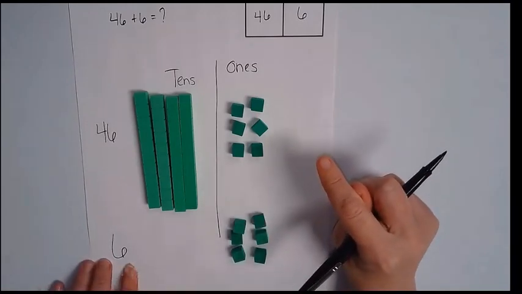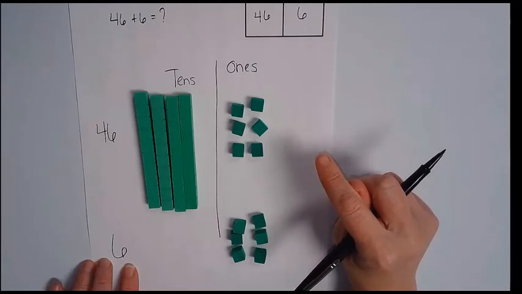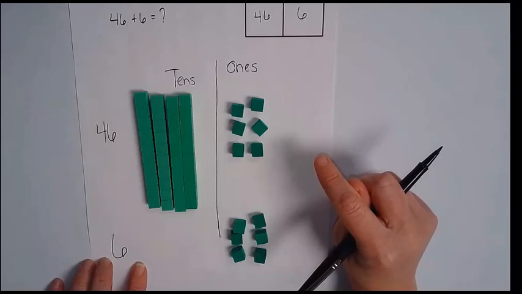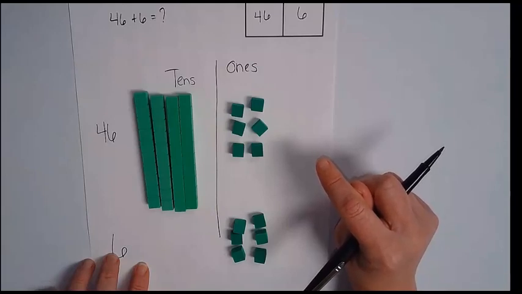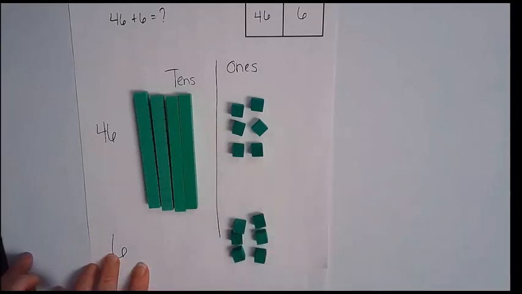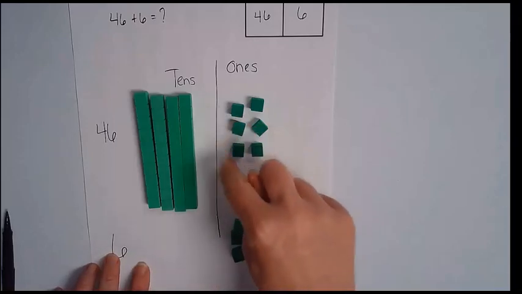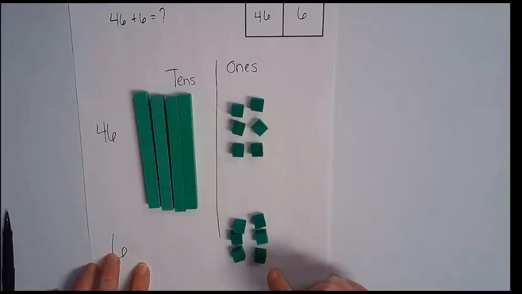So now I want to start adding in the ones place, because if I have more than 10 ones, I can compose a new 10. So let's see. I know that 6 and 6 more is 12.